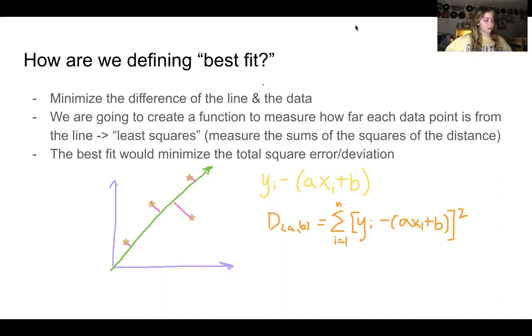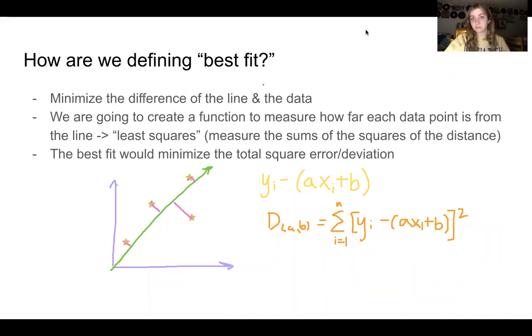So this is what we're going to be using. All we have to do is minimize d, and we get the least squares. And we can calculate a and b using that.